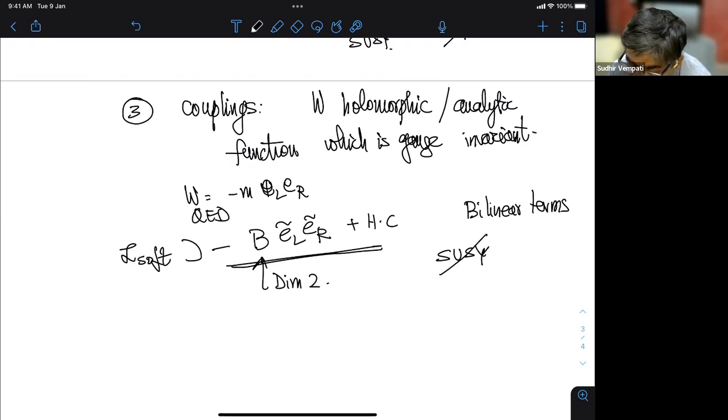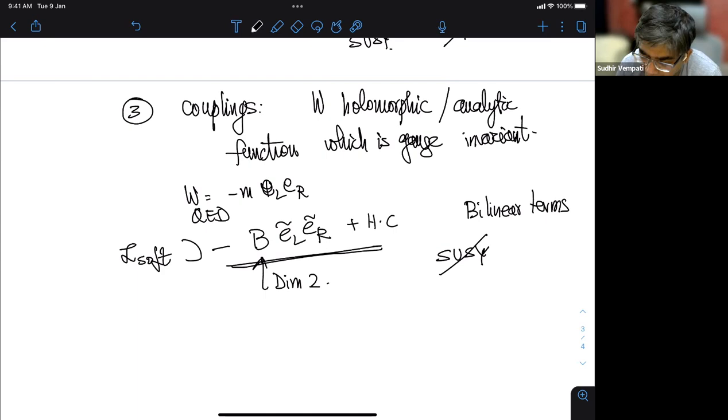But it has the form of W, except that you replace superfields with scalar fields. And it's holomorphic. That means it is not EL tilde star ER tilde, but EL tilde ER tilde plus EL tilde star ER tilde star. Everybody agree with this?